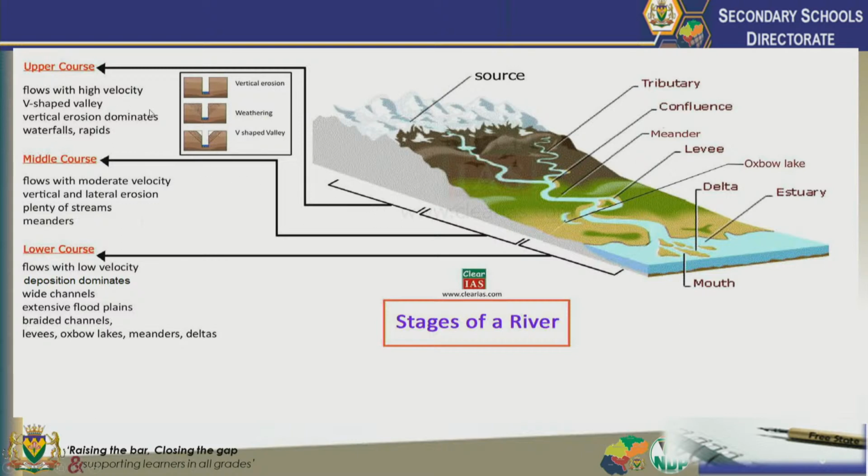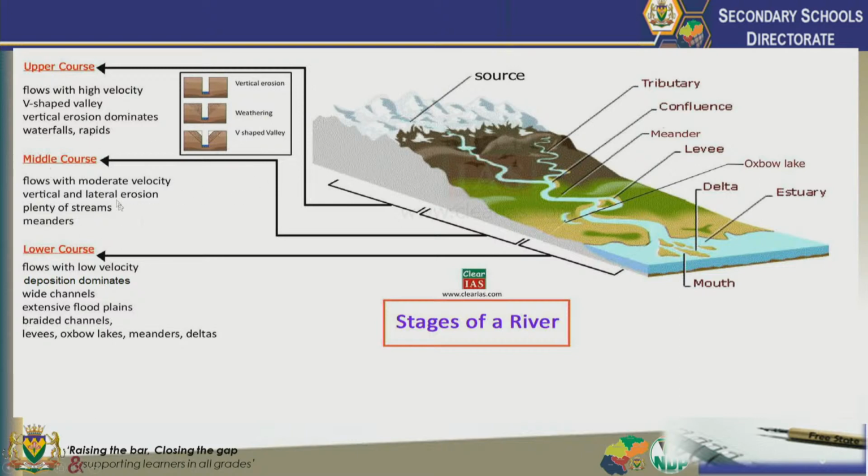So it's important that you note that in the upper course, where the river flows with high speed or velocity, where you have V-shaped valleys, where there is vertical erosion that is dominant, you find landforms like waterfalls and rapids, very importantly. So you know that waterfalls and rapids are found in the upper course.